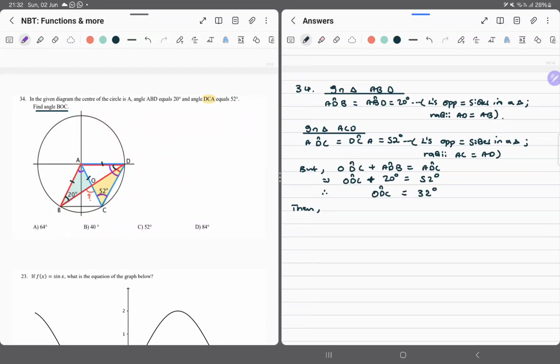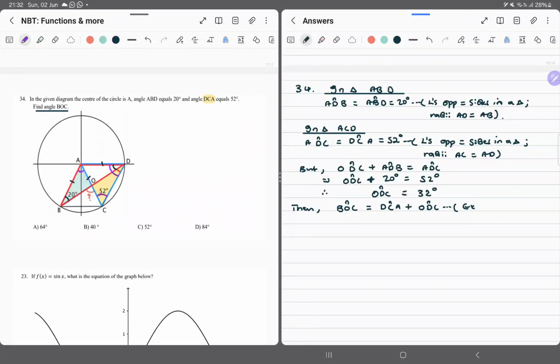I'm going to say here, this angle that I want, BOC, the bulk, is equal to the sum of angle DCA plus this angle which has found ODC.